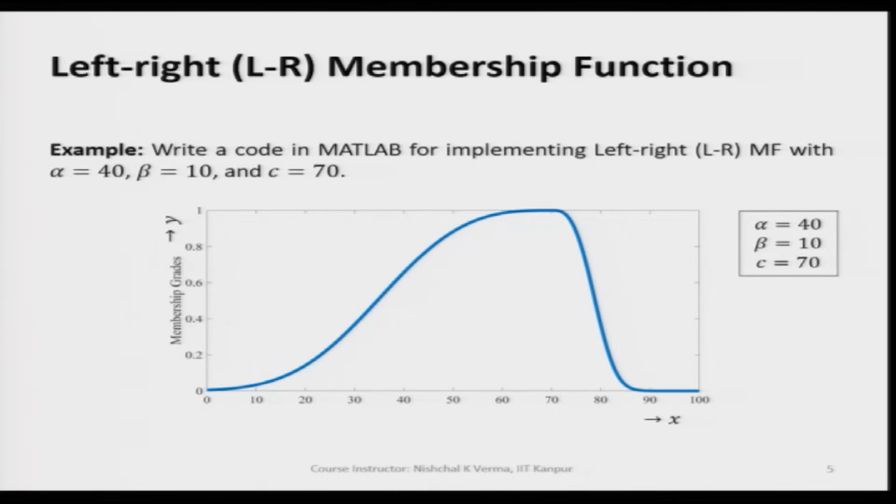Please note that C equal to 70 is the point at which the membership function has its value 1. In other words, at C equal to 70 the function has reached its highest level, and that is 1.